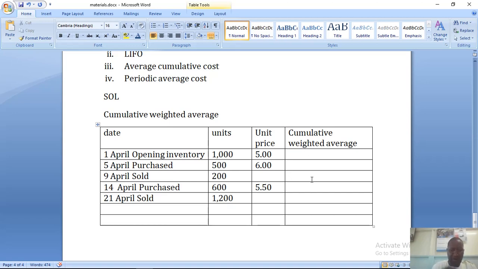So the value of the 1,000 units opening inventory at $5 per unit is $5,000. The value of 500 units at $6 per unit is 500 multiplied by 6, which is $3,000.